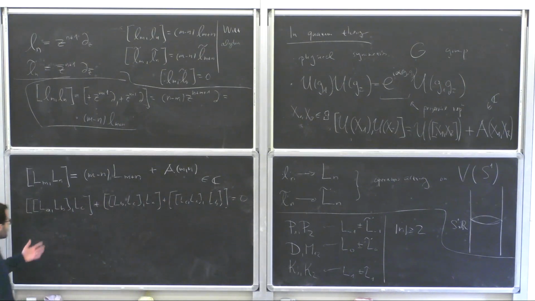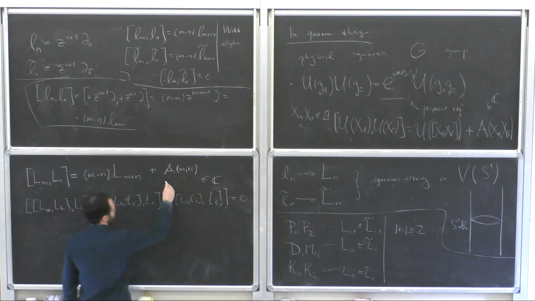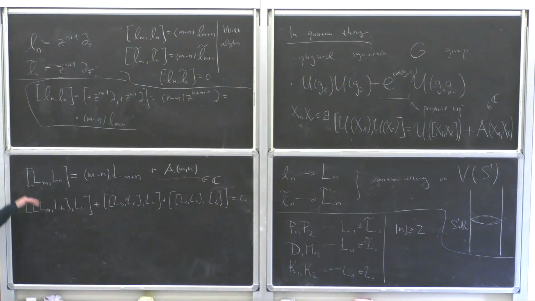This is called the Jacobi identity. This is not an axiom. This is just a theorem of commutators. If you expand everything, you get 0. And this gives you a constraint on A_mn. In this particular case, it's a simple exercise.